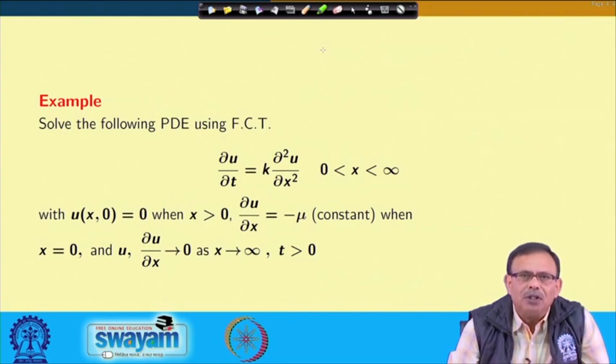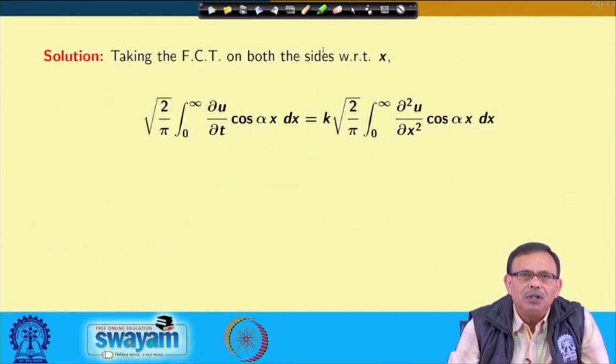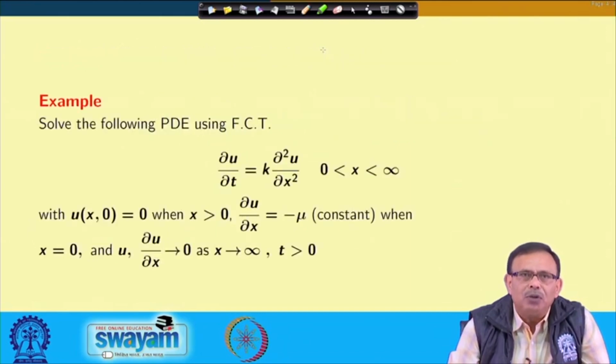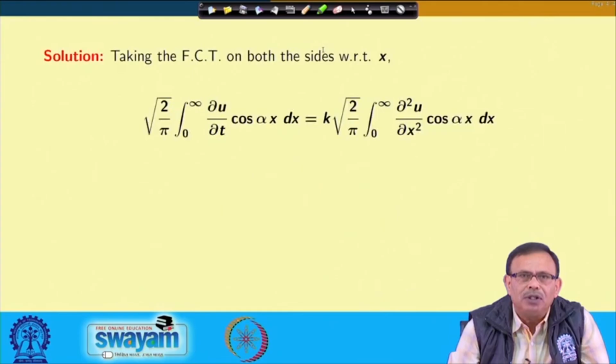Since x ranges from 0 to infinity, we will use the Fourier cosine transform. Whenever the problem is given, you apply the Fourier cosine transform on both sides of the given equation.